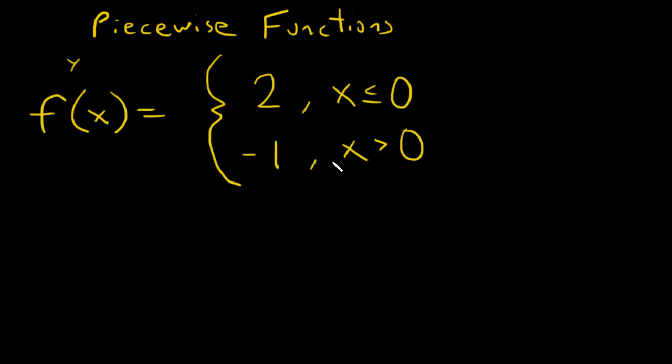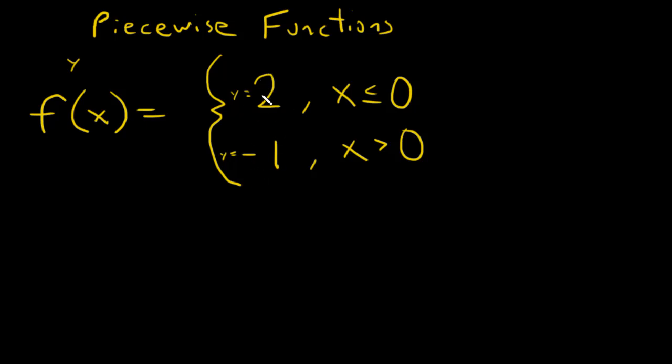The main takeaway from here is that we first have to decipher what this is. This does not look like what we're used to, but f of x equals these values is the same thing as y equals these values. So what I do every time I graph these things, I put a little y equals in front of whatever's over here on the left.